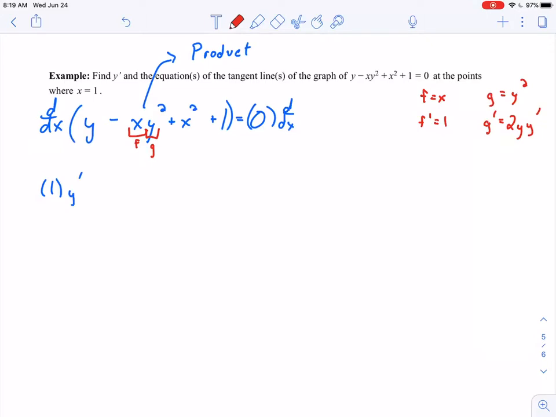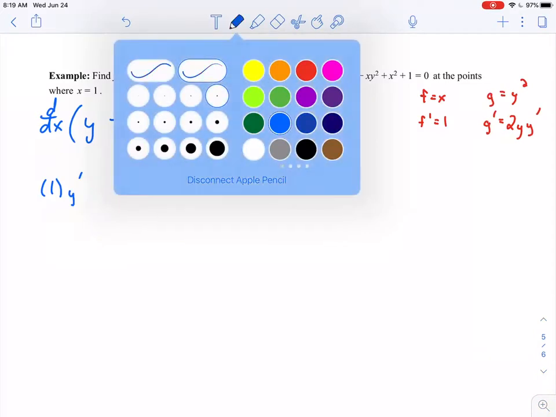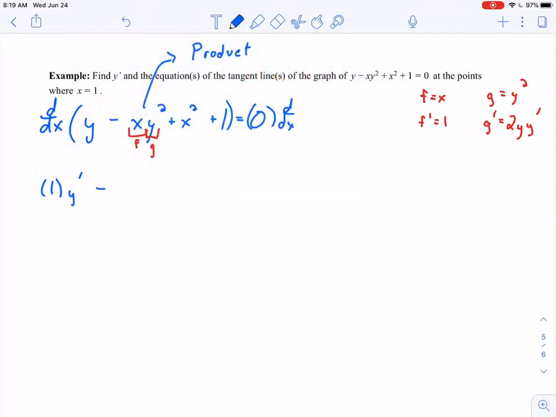So 2y, y prime. So let's see, minus f prime times g, I'm going to have 1 times y squared, plus for my product rule, I'm going to have f times g prime. I'll have x times 2y, y prime.